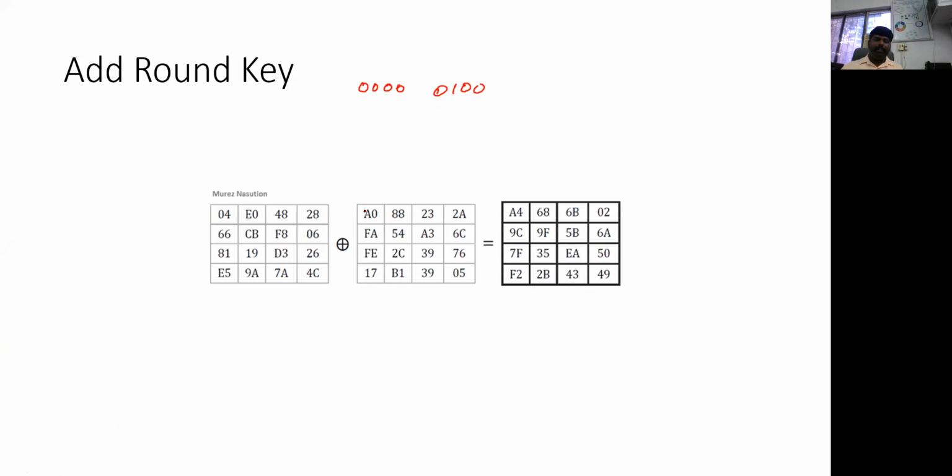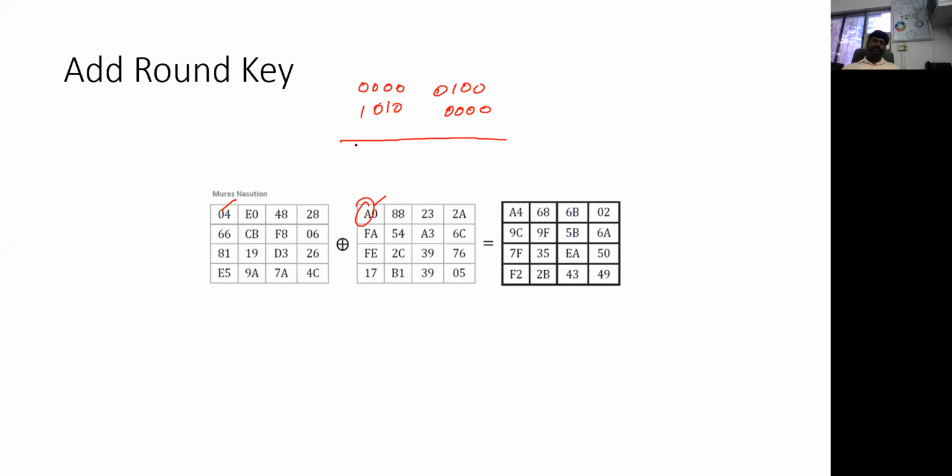When we talk about A0, this is the corresponding state array value to be XORed. So here I'll assume it is 0 0 0 0. Again, what is the binary value for A, which is 10? 10 means the 8 and second positions are 1, so 1 2 4 8. So 8 plus 2 is 10.